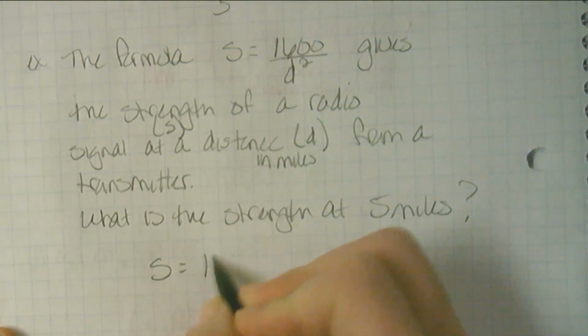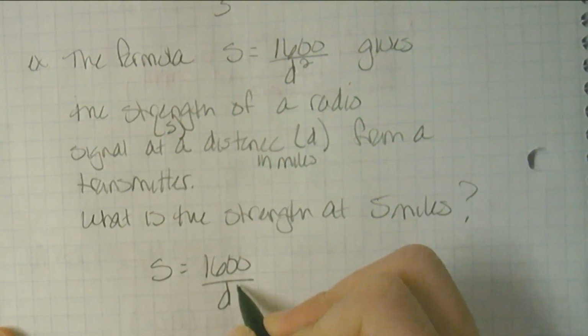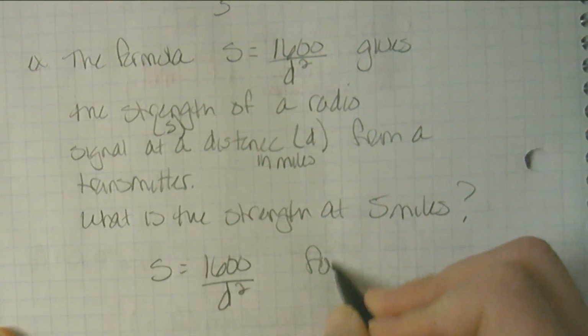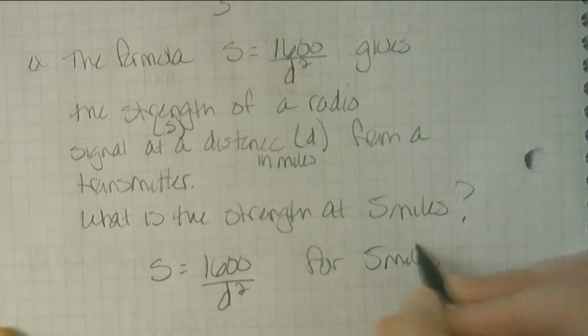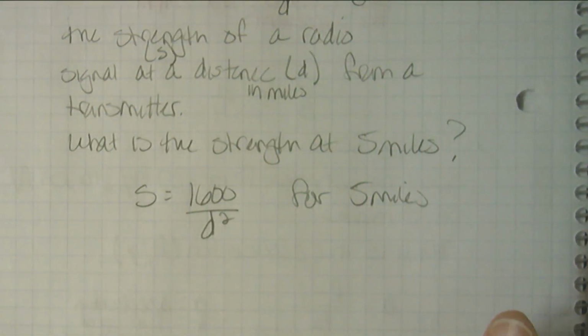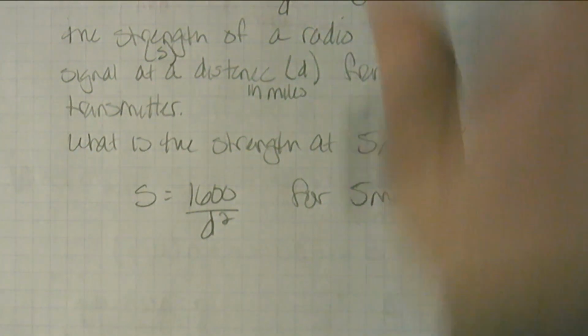All right, somebody do the second one for me. I have S is equal to 1600 divided by d squared for 5 miles. Somebody do this one for me. Mateo?